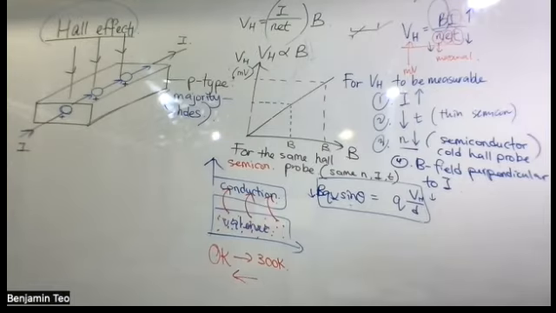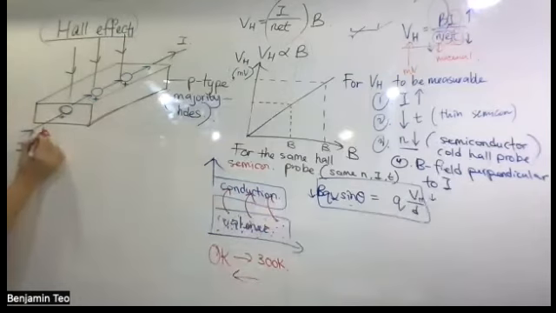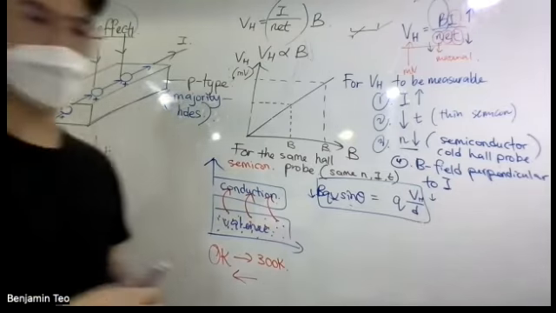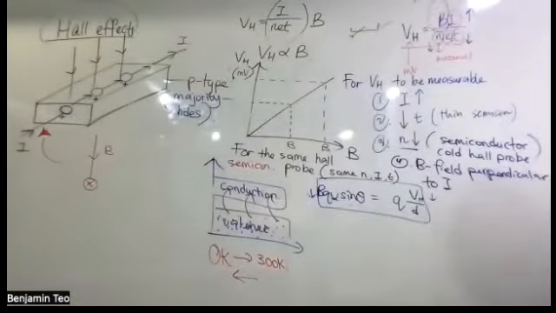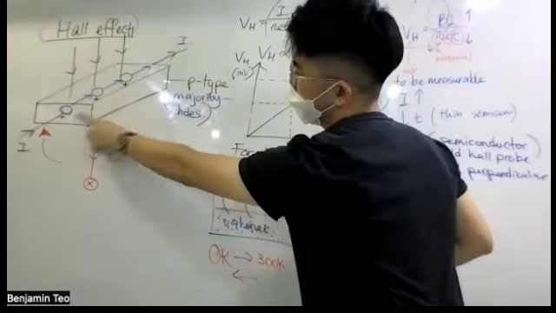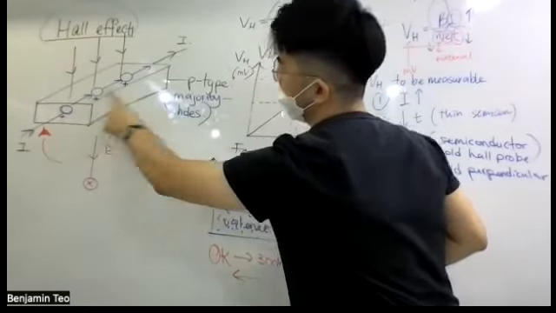Using your Fleming's left hand, again, find the force. Seeing from the front, what do I see? This view, magnetic field, current is also X. Whether it is negative or positive charge doesn't really matter because the direction of the current is still the same.